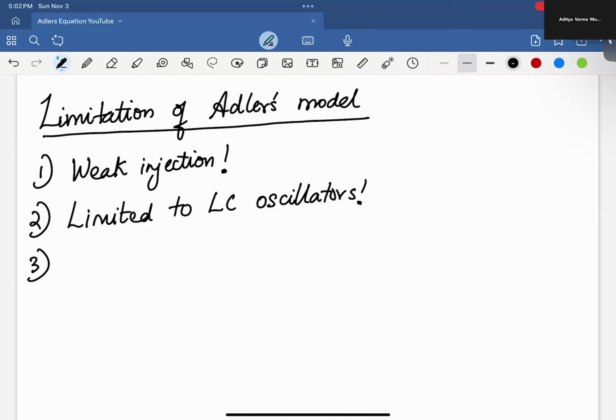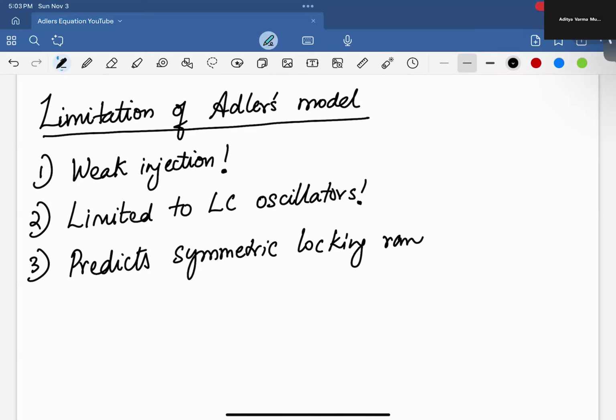And then we said that it predicts a symmetric locking range, right? Okay, so that is also in general not true, and there are some papers that have shown that you can have injection locking without a symmetric locking range.